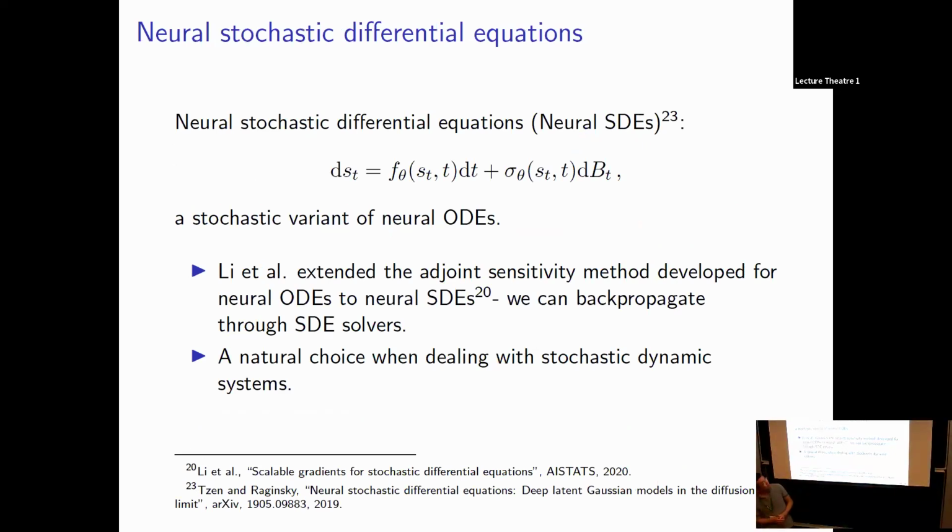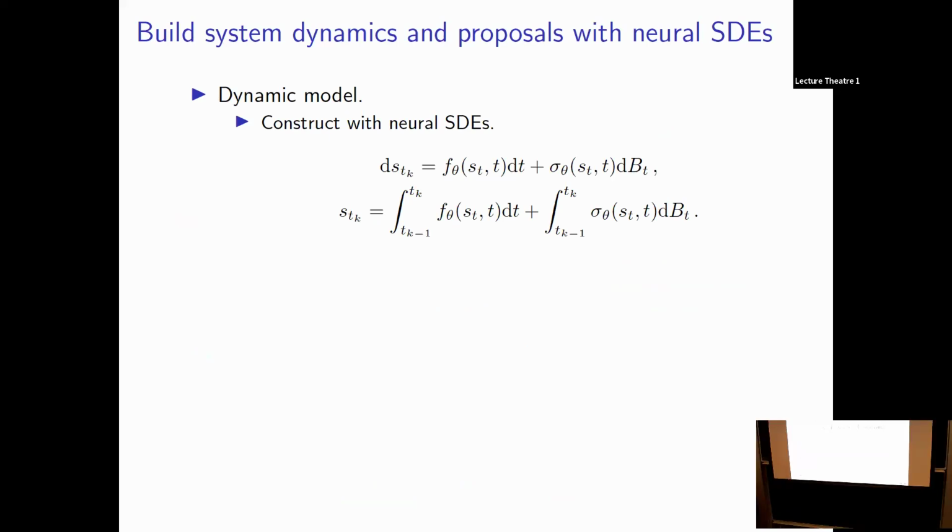The essential part, in both neural ODE and neural SDE, is how we can perform effective gradient computation. Both approaches use the adjoint sensitivity method to make the whole process efficient. And it's a natural choice when dealing with stochastic dynamic models.